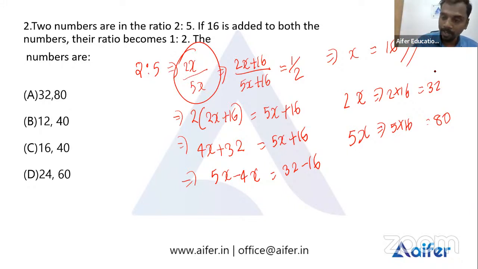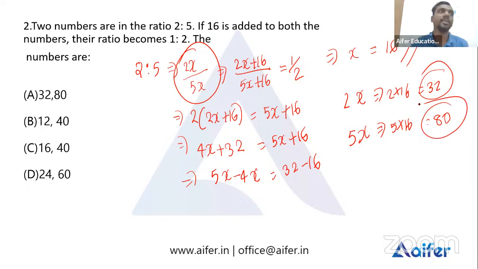So the numbers are 32 and 80. We have option A as the correct answer.